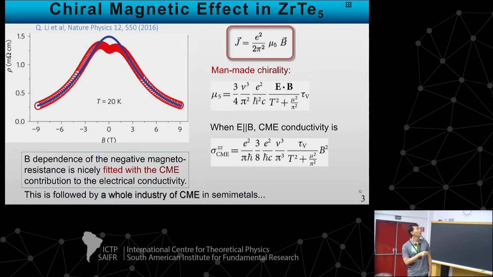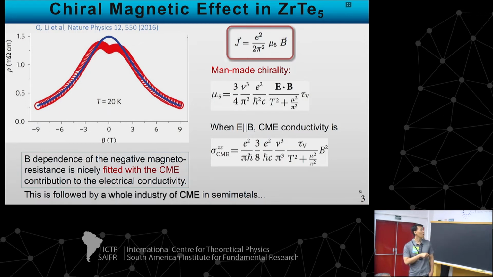Then when they look at the resistance as a function of magnetic field, when you increase the magnetic field, it's something like superconductivity. The resistance will drop quickly, and the data points can be described very well by the prediction with the CME. So this is very good evidence that the CME physics and the formulas work.